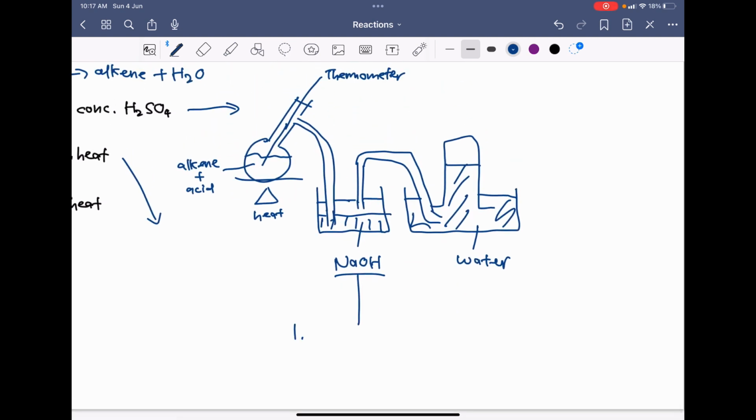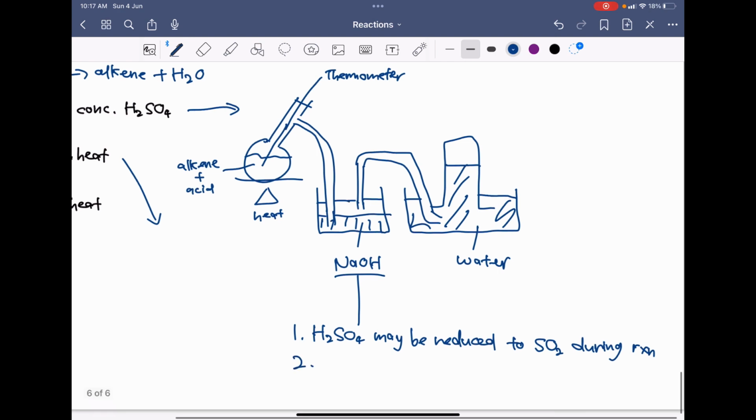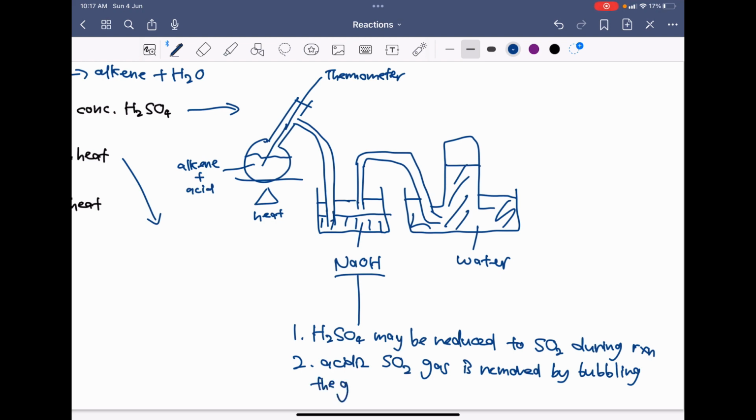This is because if you use concentrated H2SO4, this concentrated H2SO4 may be reduced to sulfur dioxide during the reaction, and hence this acidic sulfuric gas is removed by bubbling the gas through the sodium hydroxide solution.